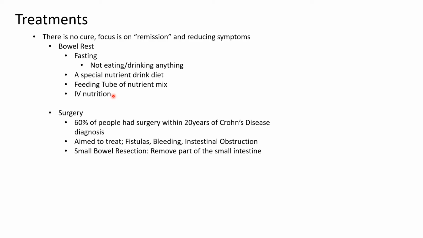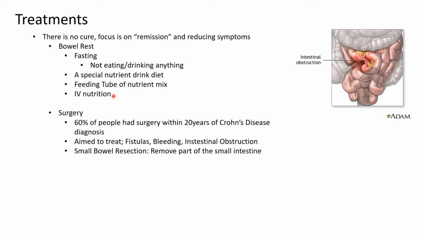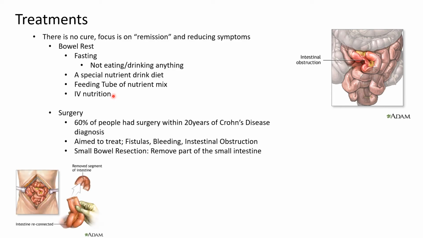And so one thing we can do is a small bowel resection, which is to remove part of the small intestine. So again, if we have some sort of intestinal blockage, if the inflammation is so bad that maybe part of the intestines is now blocked, things can't pass through easily. What can happen is we can resect that, so they can cut away the part that's really messed up and inflamed and blocked, and then reconnect it, refuse it.